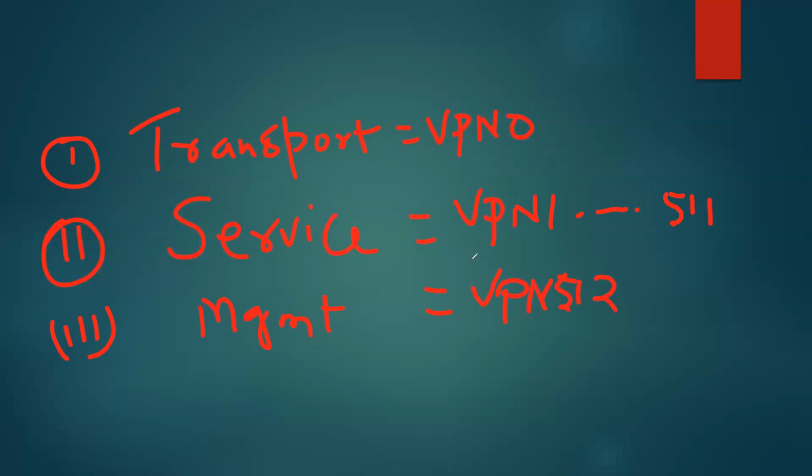512, right? And behind the scenes, these VPNs are nothing but VRFs, correct? I will show you that. So we have vEdge routers and cEdge routers.